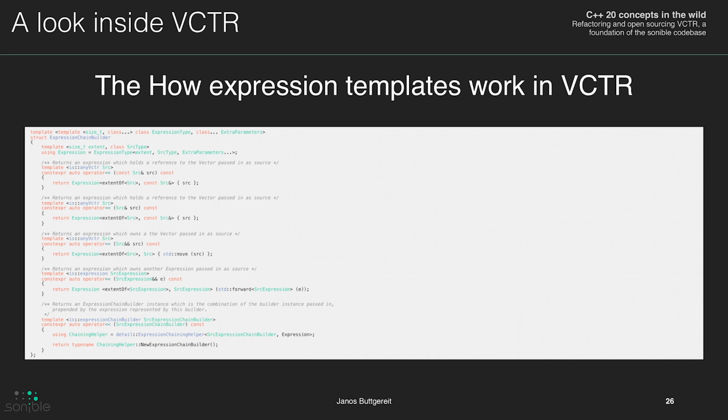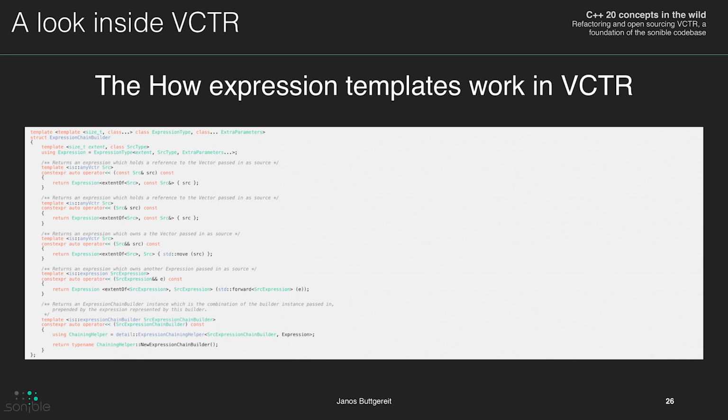So if we feed in another instance of this chain builder, then it will just concatenate these chains and return a new one. If we put in the result of an overloaded plus operator, it will add the expression to the chain and return the new expression. And if we add any of our containers, it will just put a reference to this as a source type and return the equivalent expression.